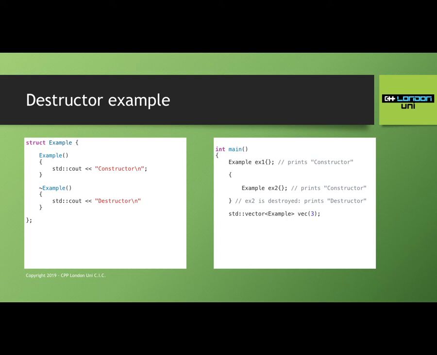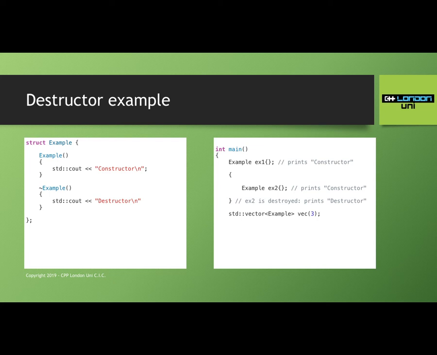So this is what I was saying, by the way, that vector does different things depending on whether you use curly braces or round brackets. In this case, I'm calling it with round brackets. So I've selected a vector constructor that says, make me a vector of 3 default constructed objects, please.